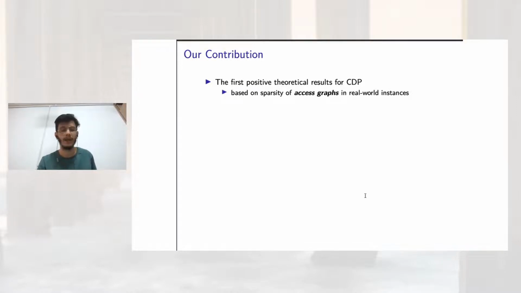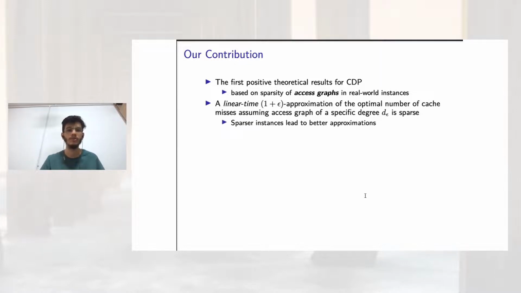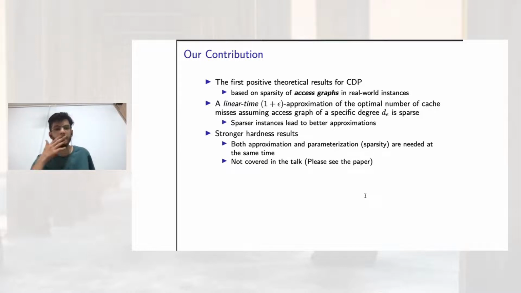Our algorithm works based on the sparsity of the access graph, and we design a linear time 1 plus epsilon approximation for the optimal number of cache misses, assuming that the access graph of some specific degree is sparse, and sparse instances lead us to a better approximation.